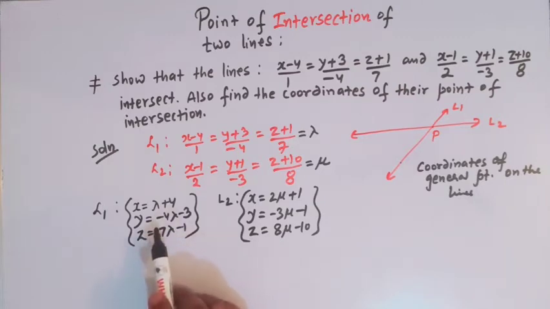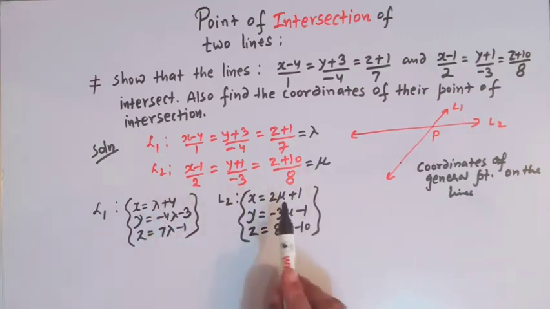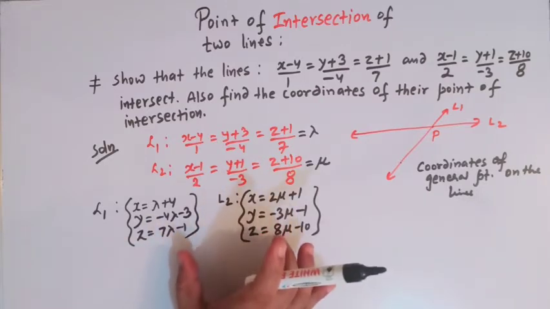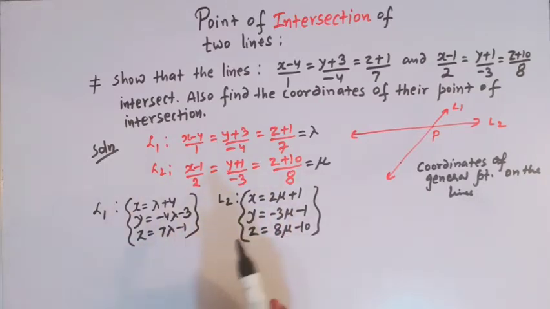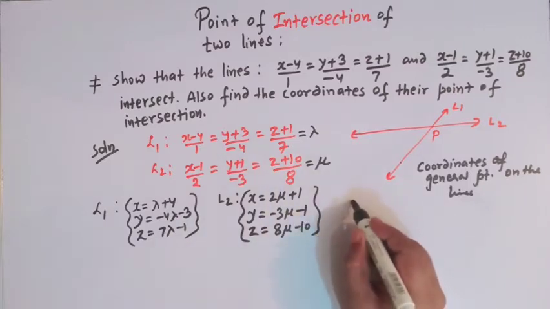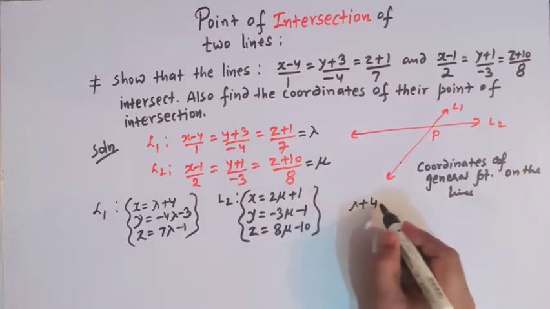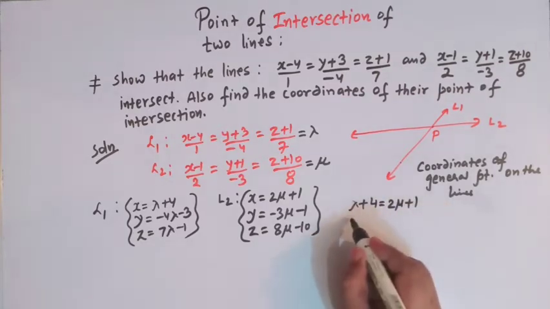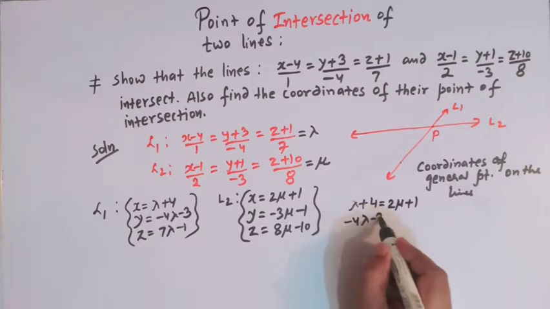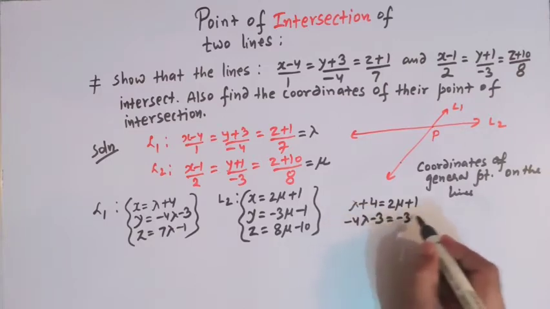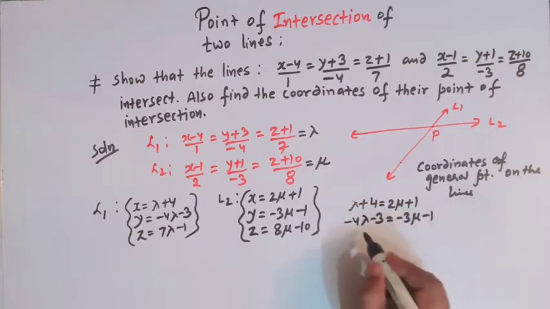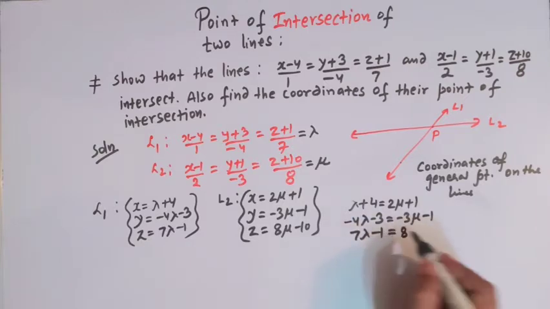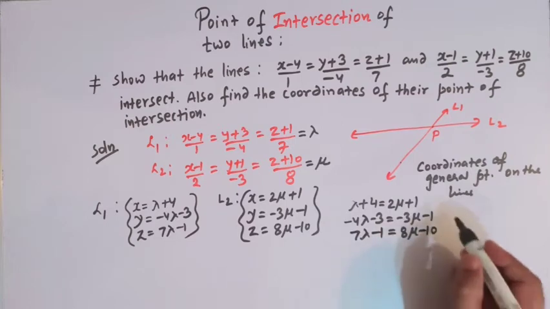So for some value of lambda and mu, these two general points must coincide, and let us say that lambda plus 4 is equal to 2 mu plus 1, then minus 4 lambda minus 3 is equal to minus 3 mu minus 1, and here we have 7 lambda minus 1 is equal to 8 mu minus 10, right?